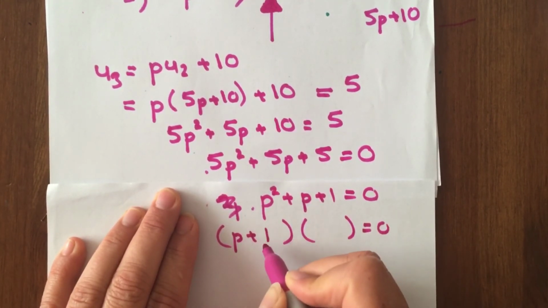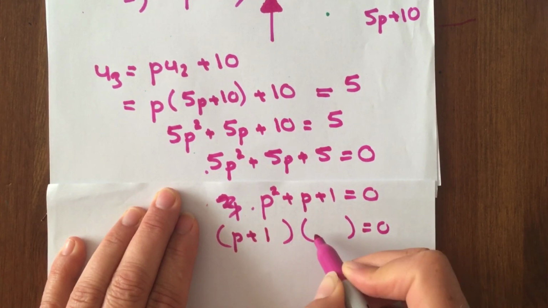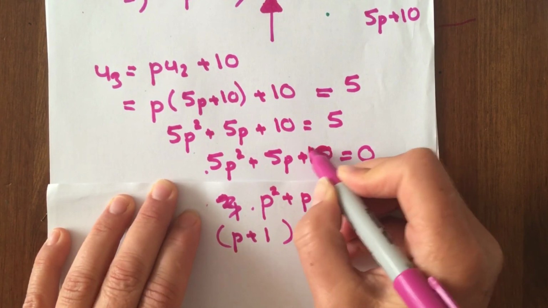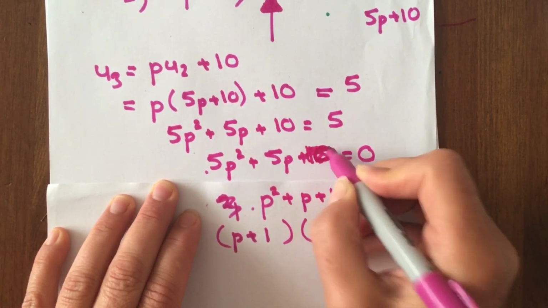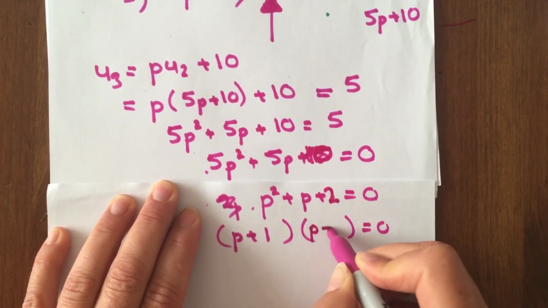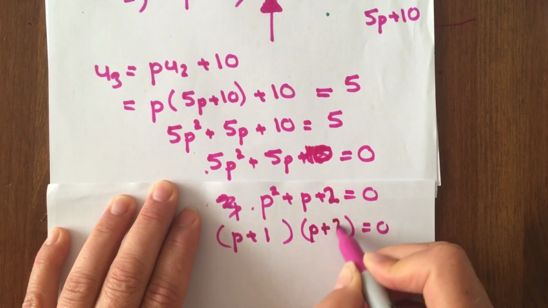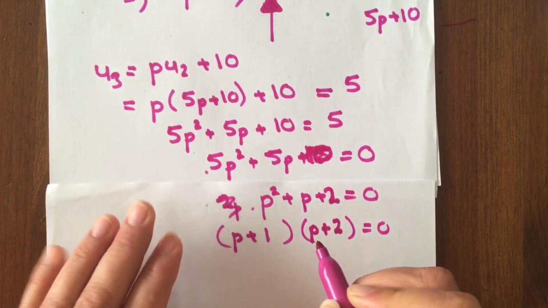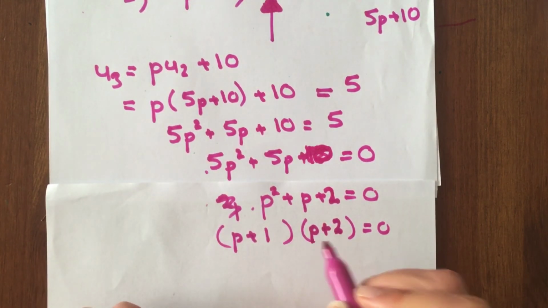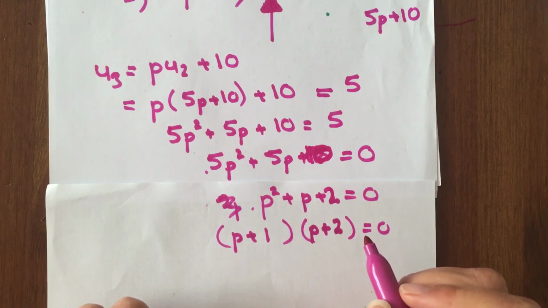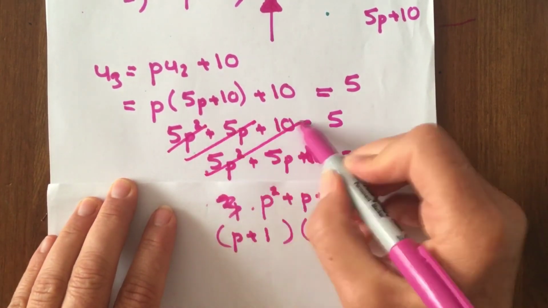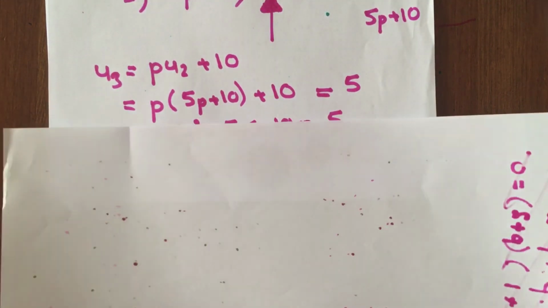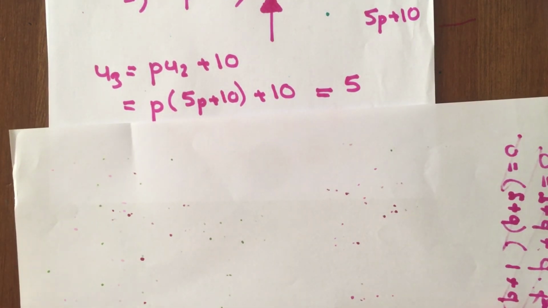P plus 1. Sorry, that's 2. Sorry, that's 10. That's 2. And P plus 2. There's something gone wrong. I've made a mistake. Hopefully you've seen that. Let me go through it again.